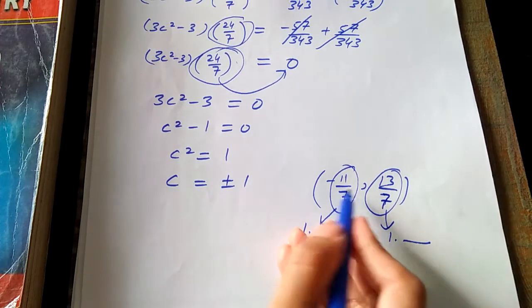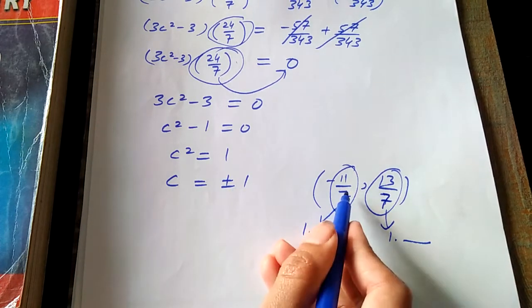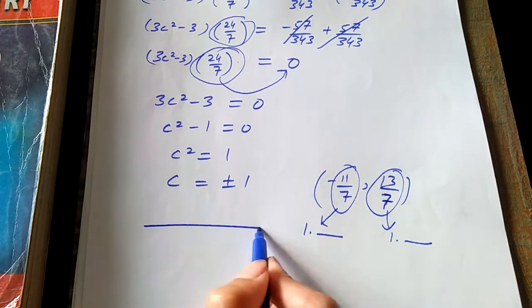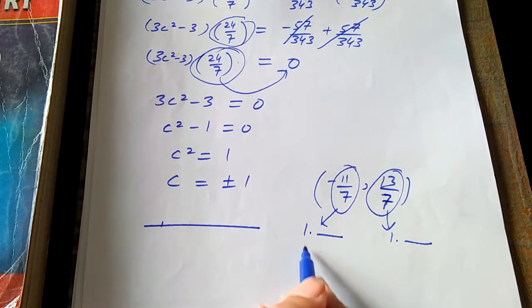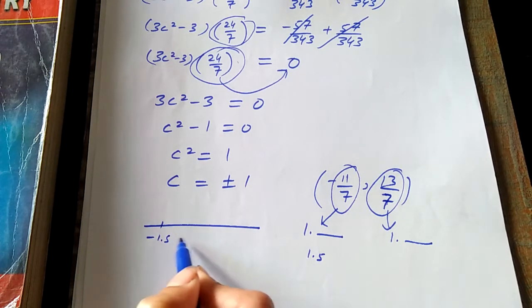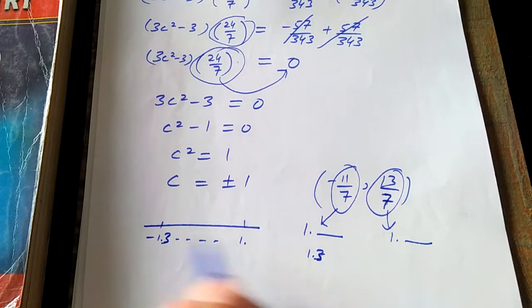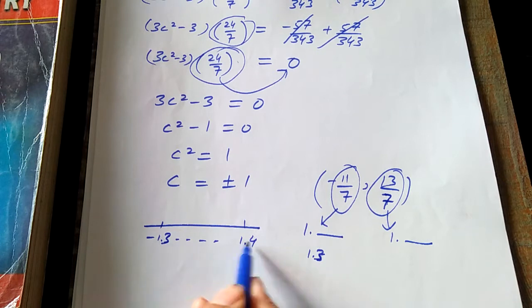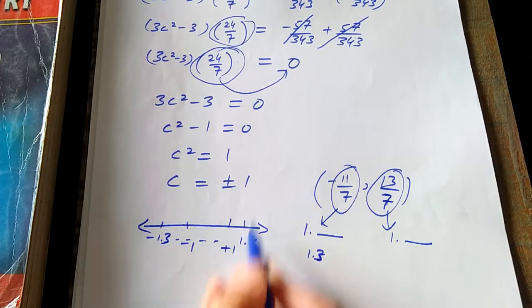And we see plus 1 is in this interval and minus 1 is also in this interval. For example, if we have 1.5, maybe minus 1.52, here we have 1.3, and 1.4. In between this interval we have minus 1 and plus 1 as well.